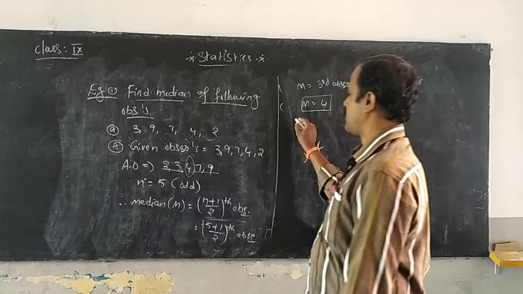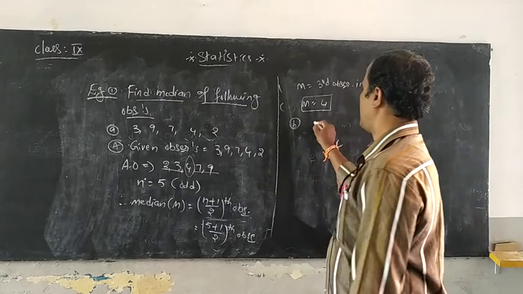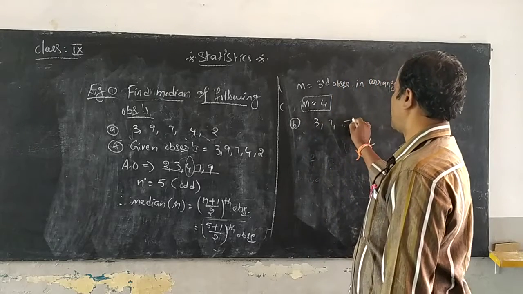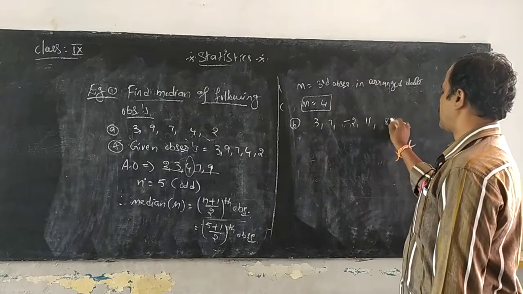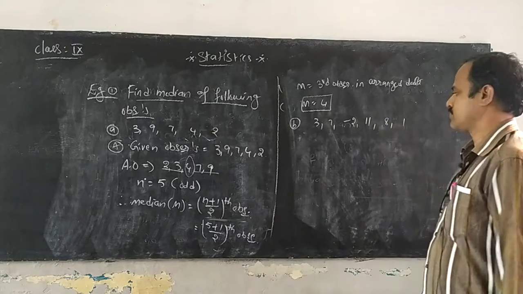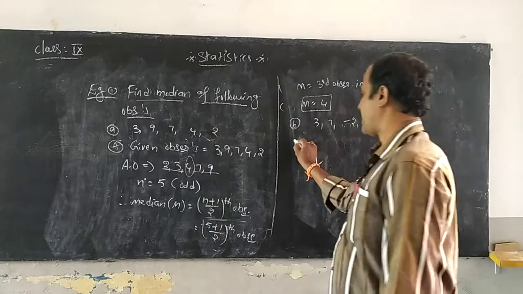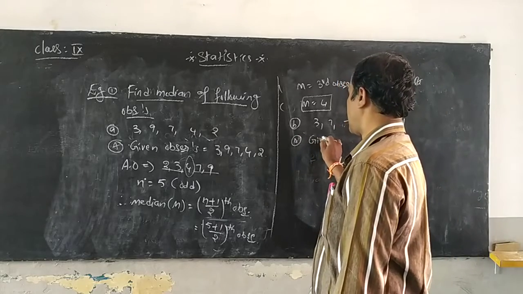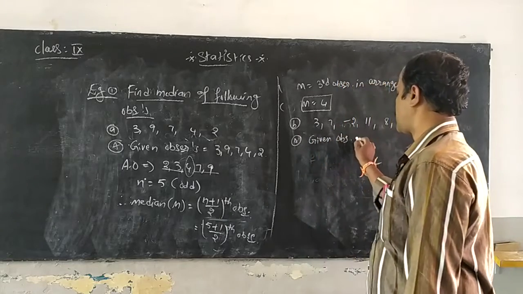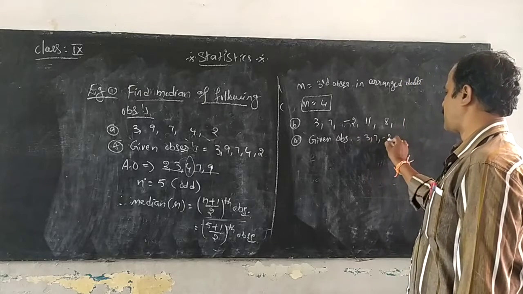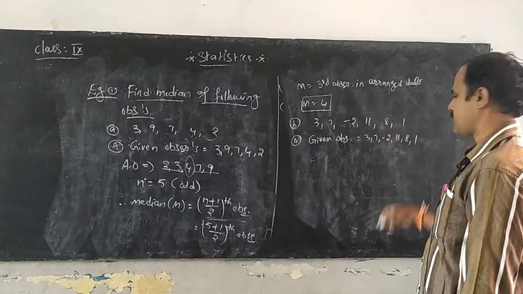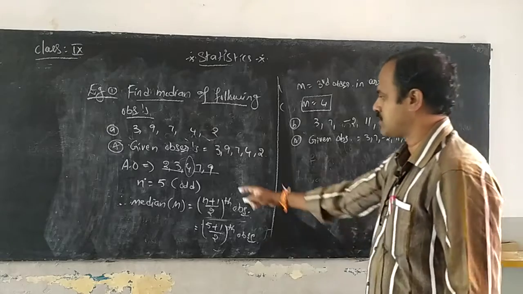If we take another example: 3, 7, minus 2, 11, 8, 1. So how do you find the median? You write given observations: 3, 7, minus 2, 11, 8, 1. Now you are going to write ascending order.